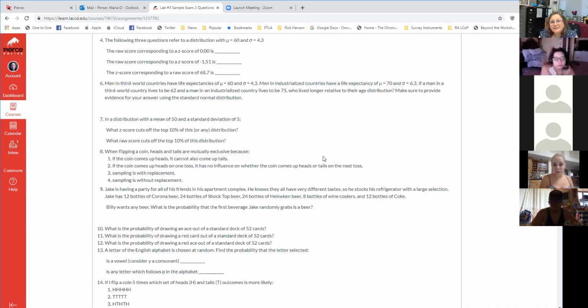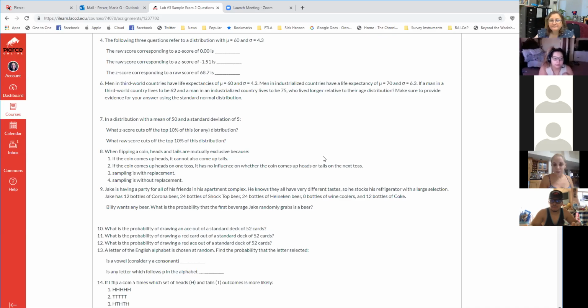And then you add up the number of beers, and divide that by the total number of bottles, because that's your sample space. You've got 12 bottles of Coronas, 24 bottles of Shock Top, and 24 bottles of Heineken.